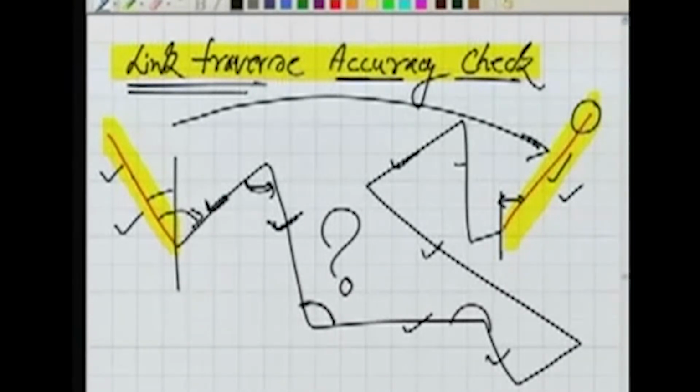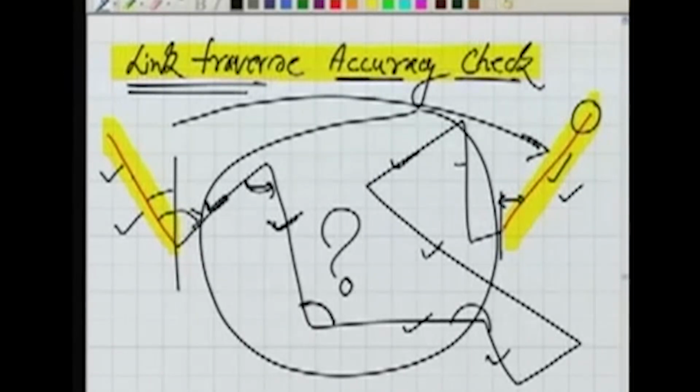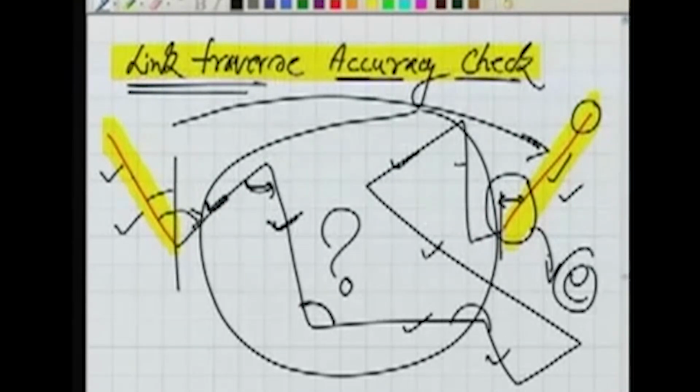So there is error in between here. So by finding this amount of the error E, we can adjust our angles accordingly.